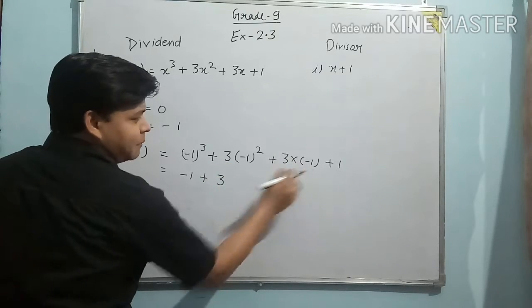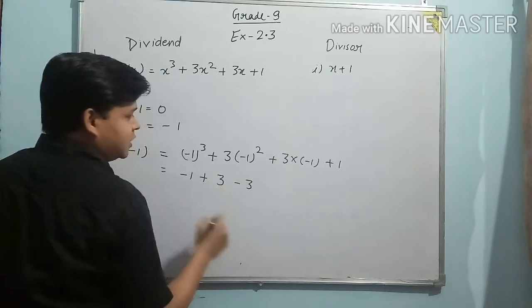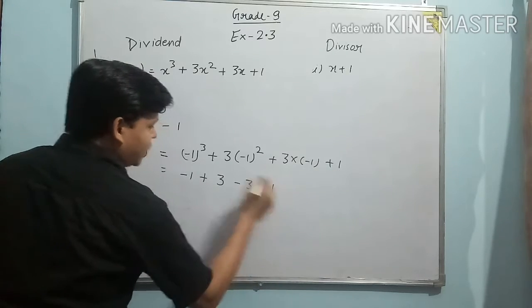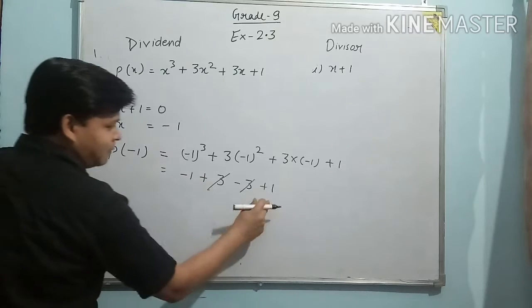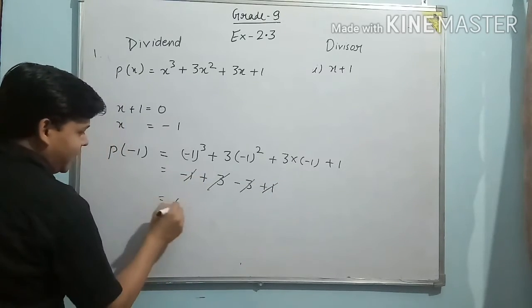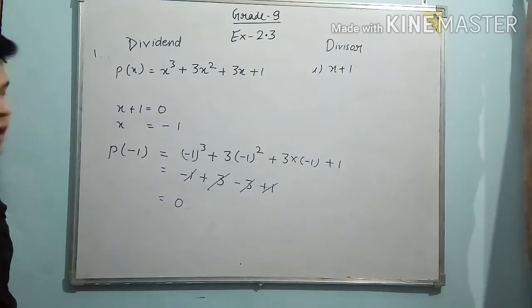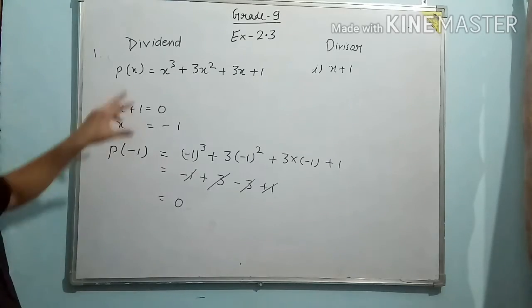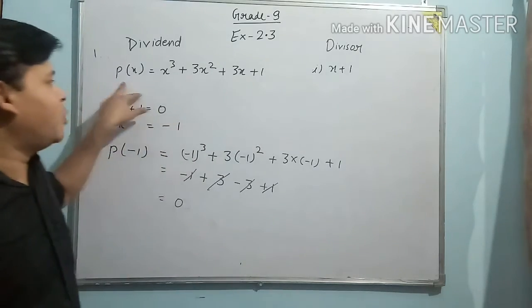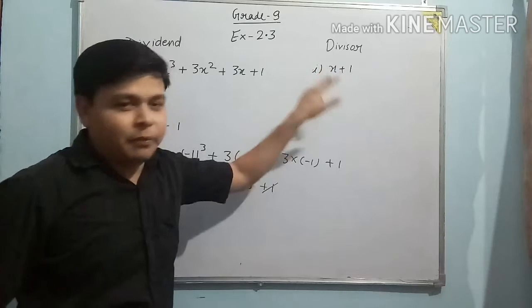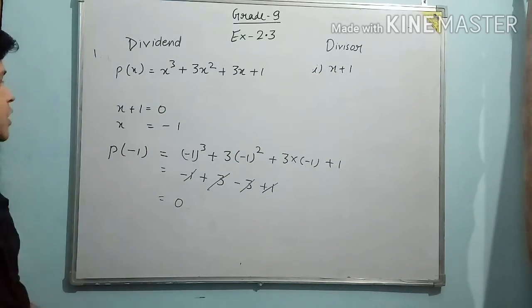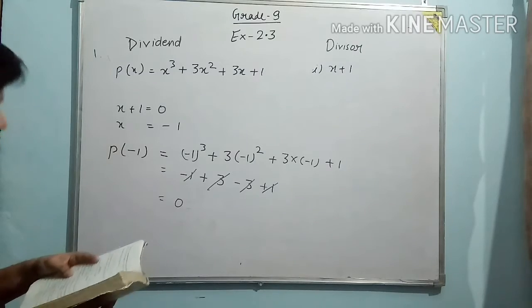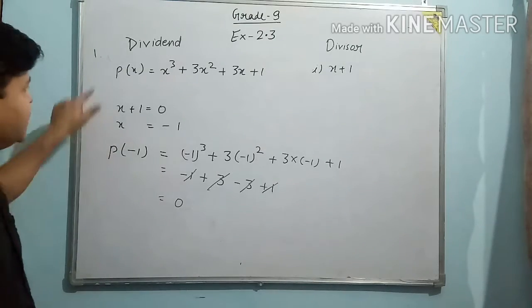Then 3 multiplied by minus 1 will get here minus 3 and here plus 1. So plus 3 minus 3 cancelled and minus 1 plus 1 once again cancel, and at last we will get here 0. That means when you divide this given polynomial by x plus 1, the remainder will be 0.